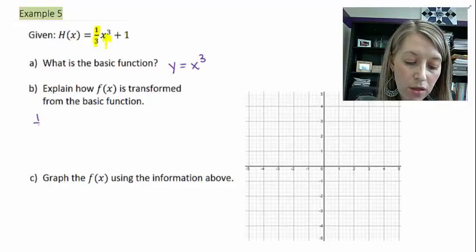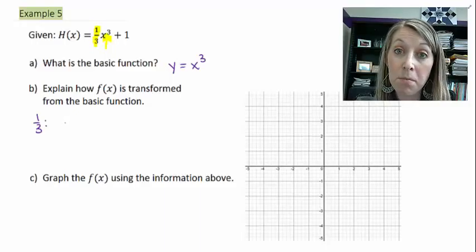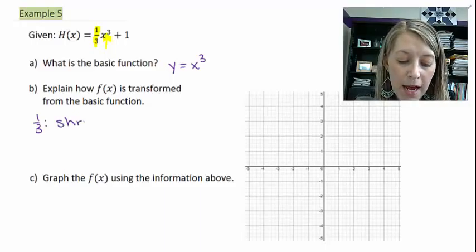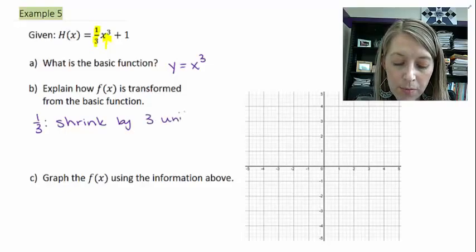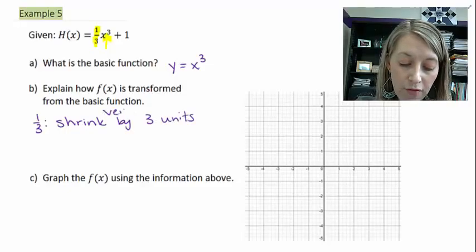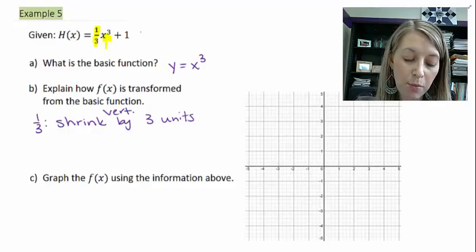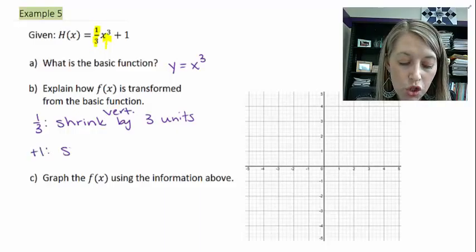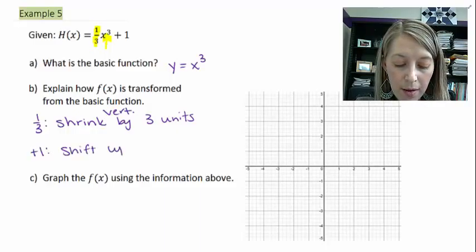So I have the 1/3, it's on the outside, it's multiplied, so that means I'm actually going to shrink it vertically by 3 units. And the +1 means I'm going to shift up 1 unit.